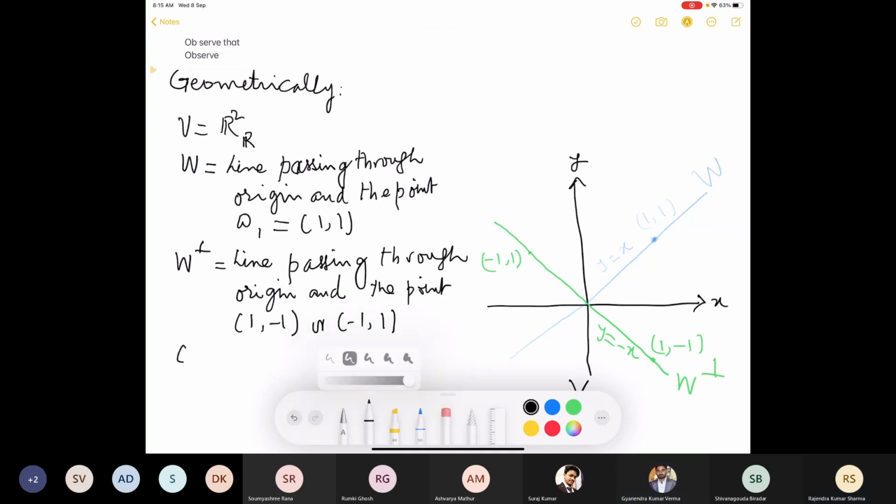Okay. So observe that W and W orthogonal intersect only at the origin.